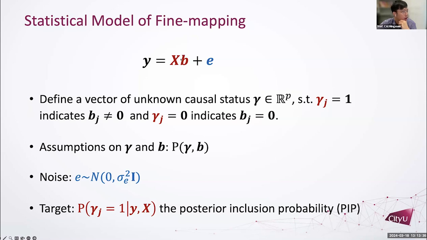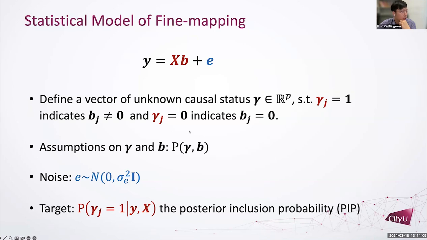In order to do that, we can introduce a probabilistic framework, where we create some random variables called gamma j and collect all gamma j into a vector gamma of P dimensions. So gamma would be a binary vector with its element being 1, suggesting the SNP at that position is causal to the phenotype Y, and gamma j equal to 0, suggesting the SNP j has no effect on the phenotype.